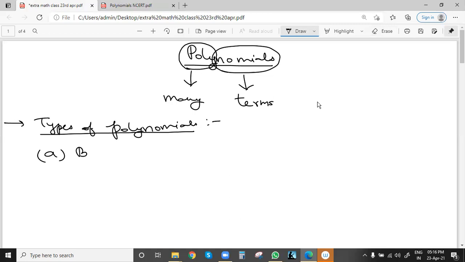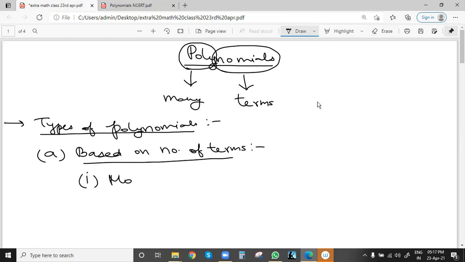First is monomial. Mono means one, so a monomial has one term. A polynomial having one term is called a monomial.